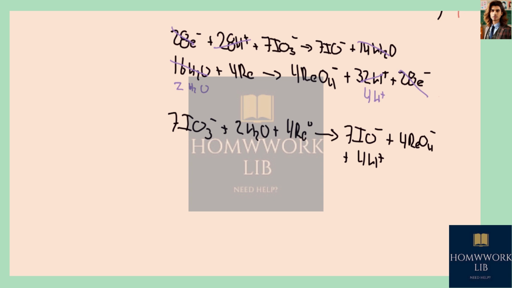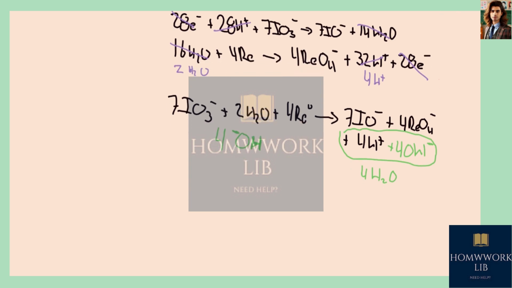But now, for recovering the basic medium, I need to add the same amount of OH minus as the protons I have on one side. I need to add the same amount of OH minus on both sides of the equation, because 4H plus 4OH minus is going to generate 4 water molecules.